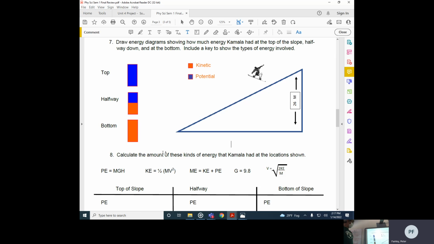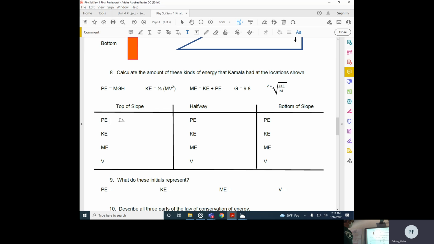So when you have MGH, it's going to be a big number. What was her mass? 61 times 9.8 for gravity times the H, 26.